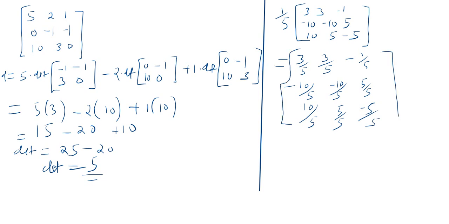So we have that matrix. Let's compute: 3 over 5 is 0.6, 0.6, negative 0.2, then we have negative 2, negative 2, 1, we have 2, we have 1, then we have negative 1.